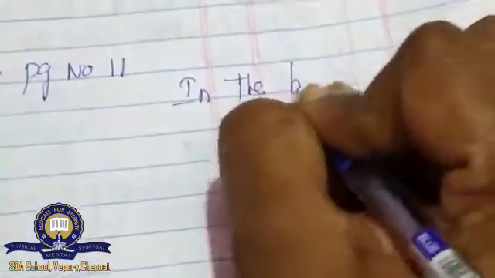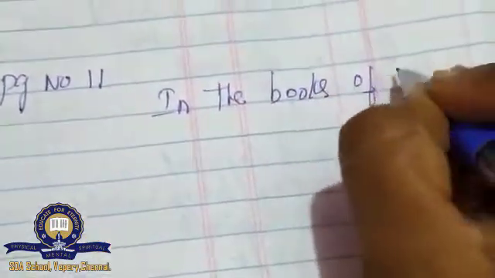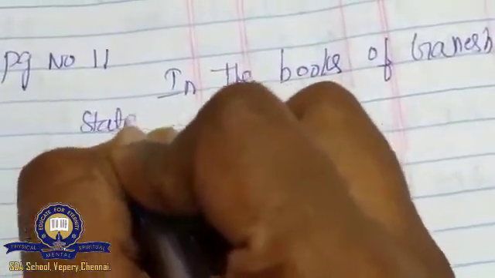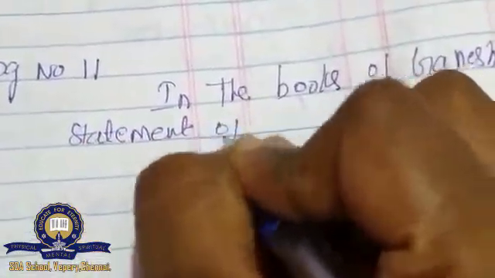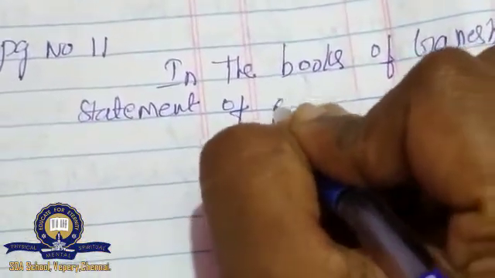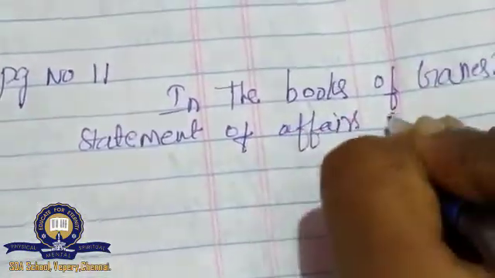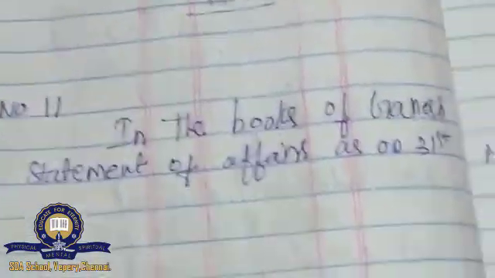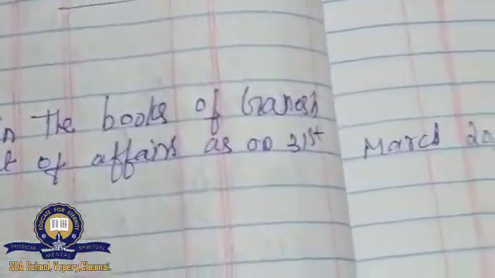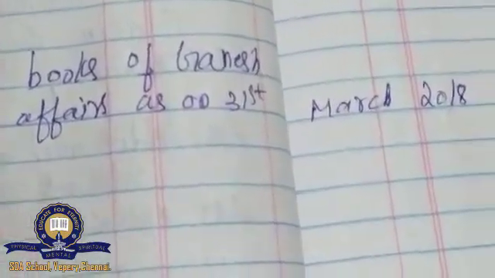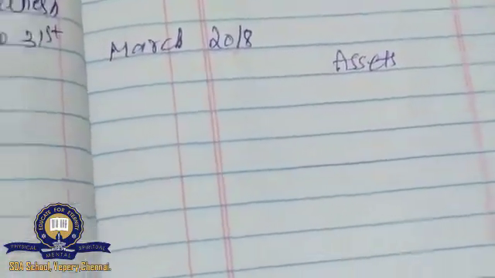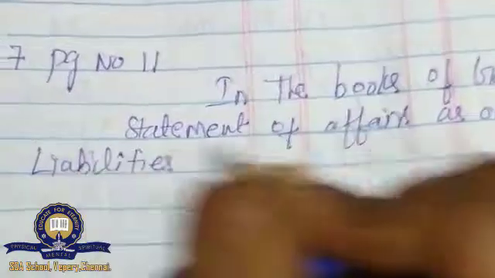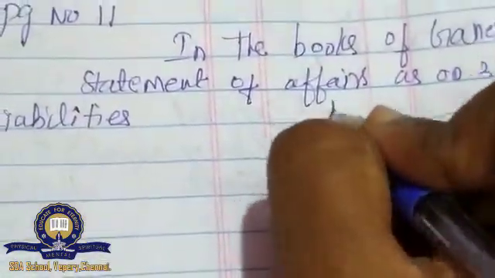In the books of Ganesh, statement of affairs as on 31st March 2018. So assets rupees, liabilities rupees.